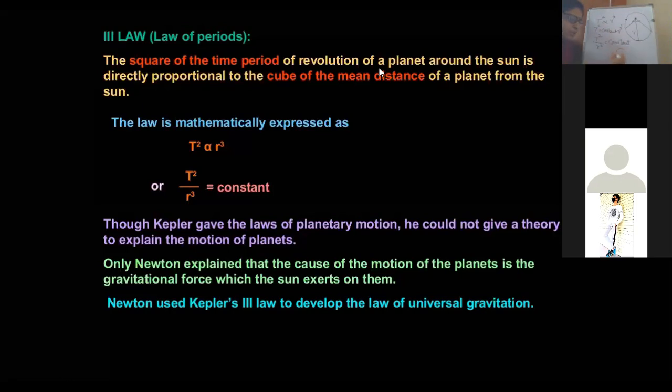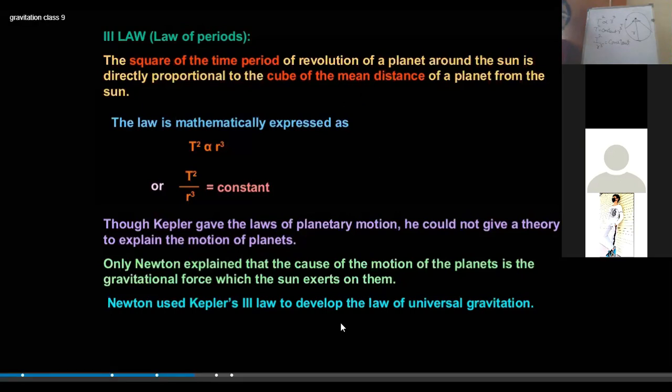Like G, the universal gravitational constant, whose value is 6.67 into 10 raised to the power minus 11, is constant for the whole universe. But the value of this constant will depend upon the time period of the planet and the cube of the mean distance between the planet and the sun. So this was the third law of planetary motion.